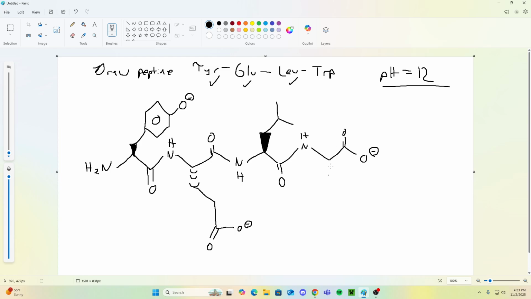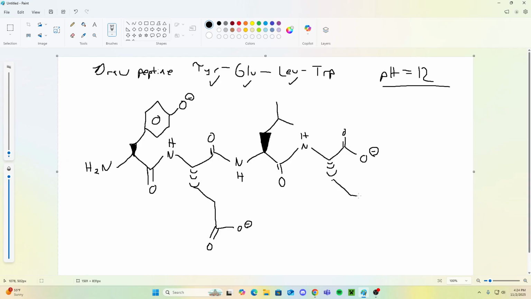Tryptophan. So tryptophan is the last one here, and it's a very funky looking molecule. So it is a 5-carbon ring and a 6-carbon ring. However, in the 5-carbon ring, I misspoke, sorry. It is not a 5-carbon ring. It is shaped like a 5-ring.